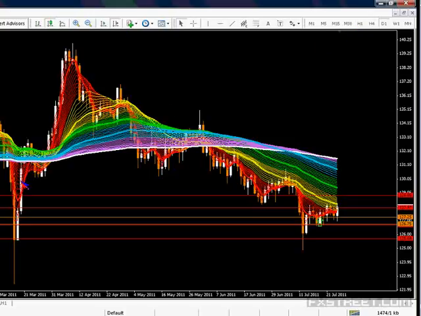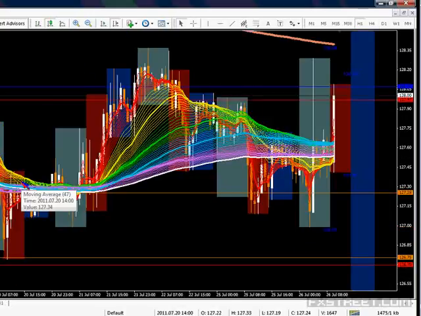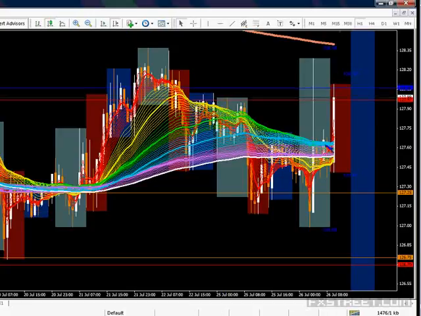The 1 hour seems to have spiked out of the consolidation. It's to be expected. The range of the rainbow is very, very small, only 15 pips. So it was a matter of time until price would break on either side. It happened to break to the upside.